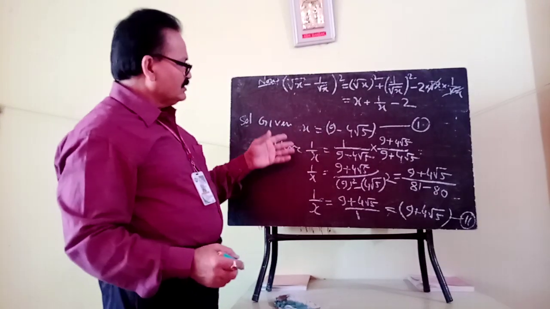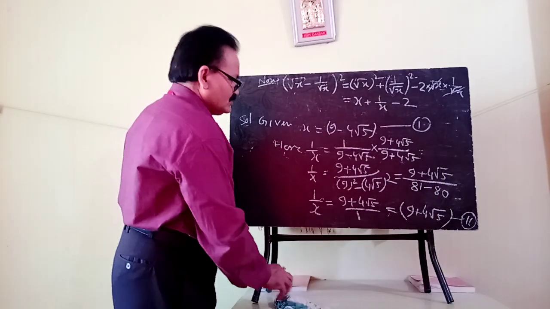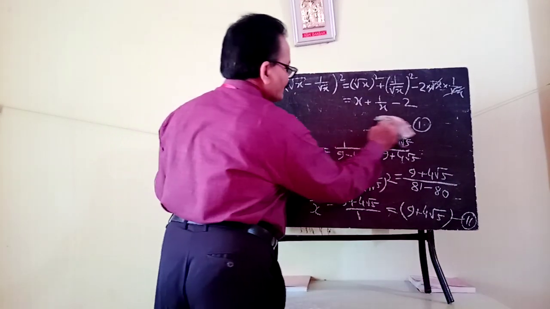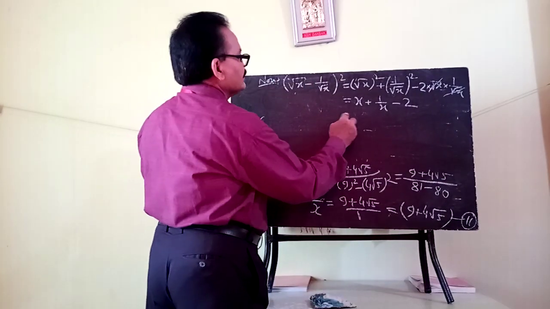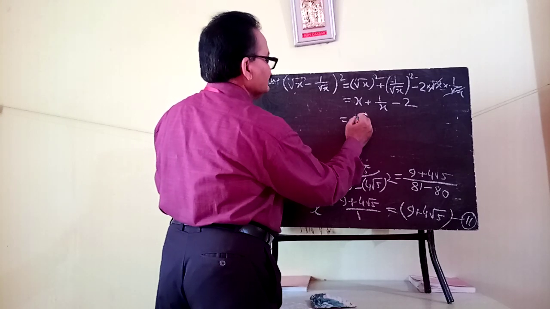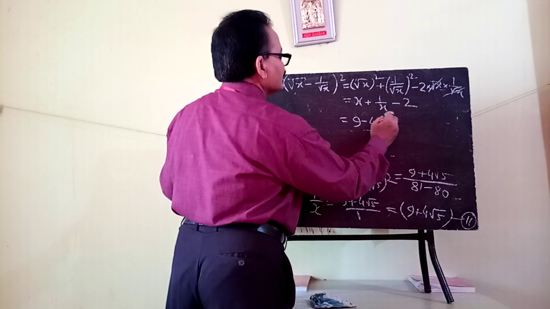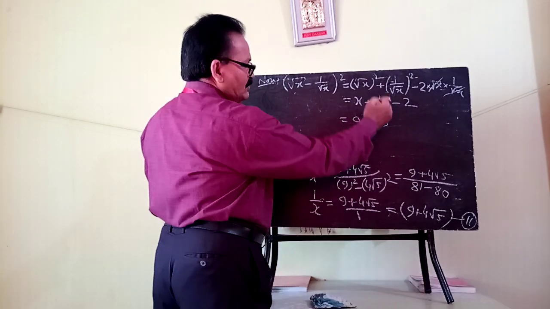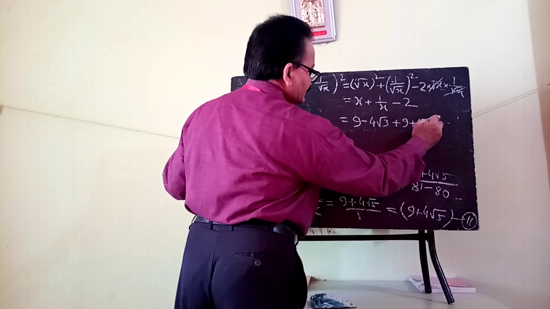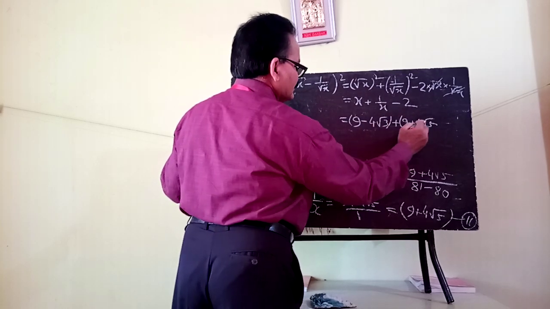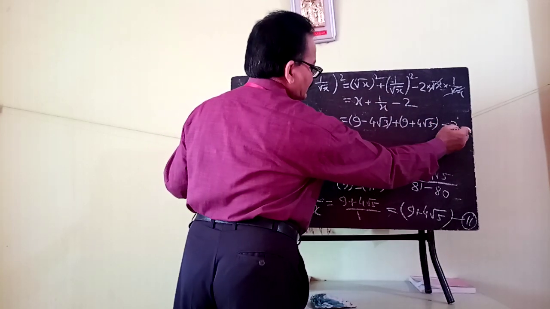Now you substitute the value of x and 1 upon x in this equation. For x, the value is 9 minus 4 root 5, and for 1 upon x, it is 9 plus 4 root 5. Put them in brackets. This is your x, this is your 1 upon x, and then minus 2.